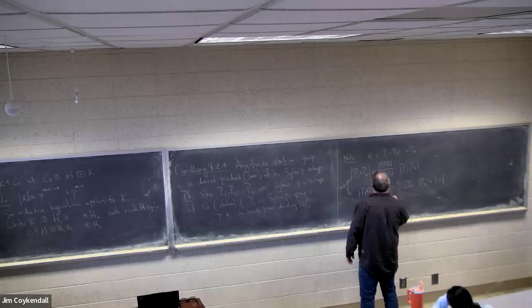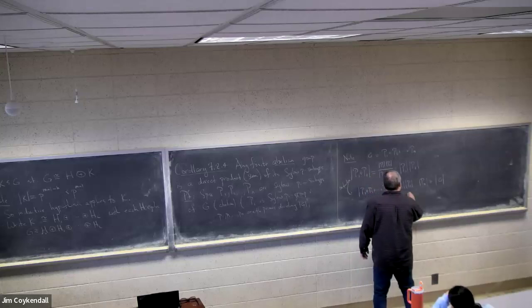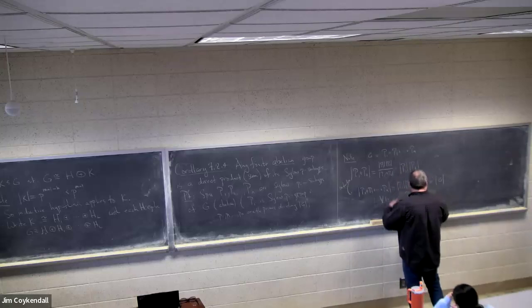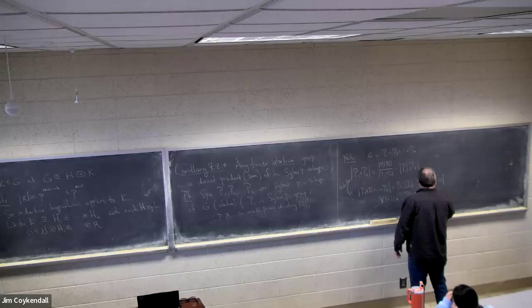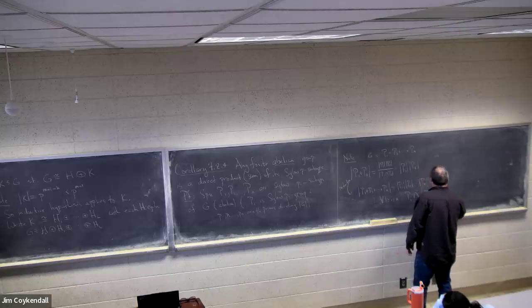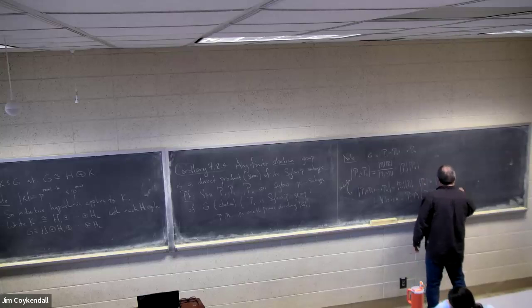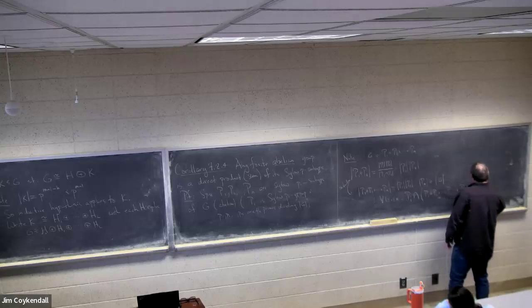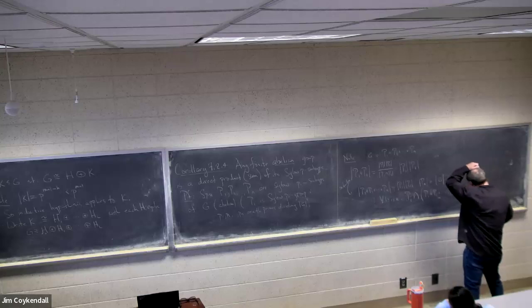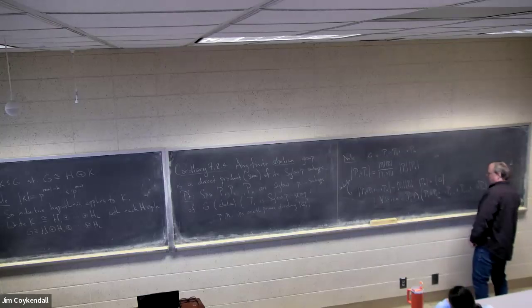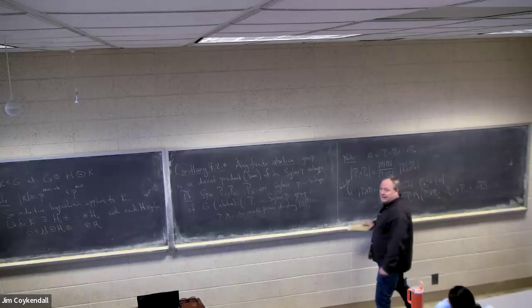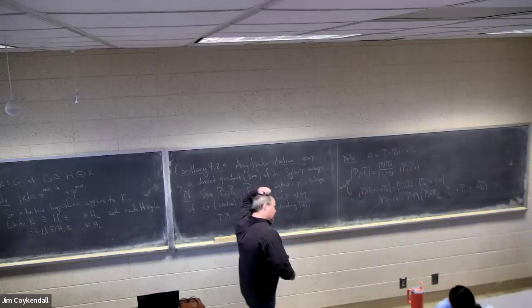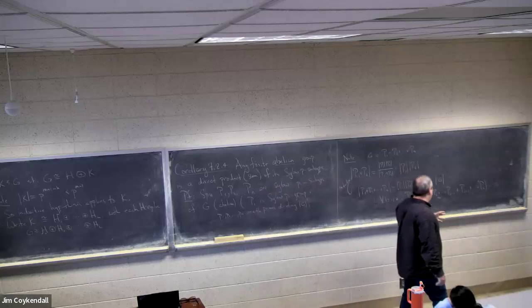And for all i between 1 and n, Pi intersected with P1, P2, up to Pi minus 1, Pi plus 1, up to Pn is equal to 0. And again, this is very much the same.